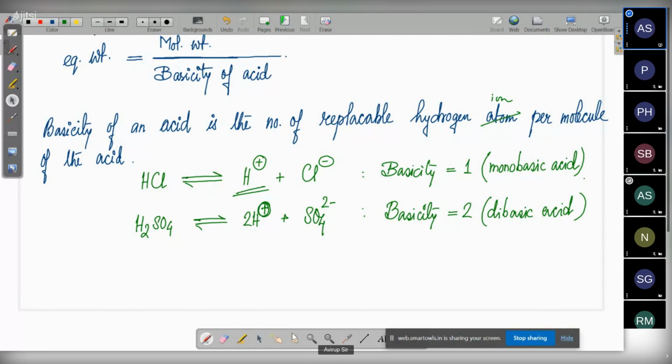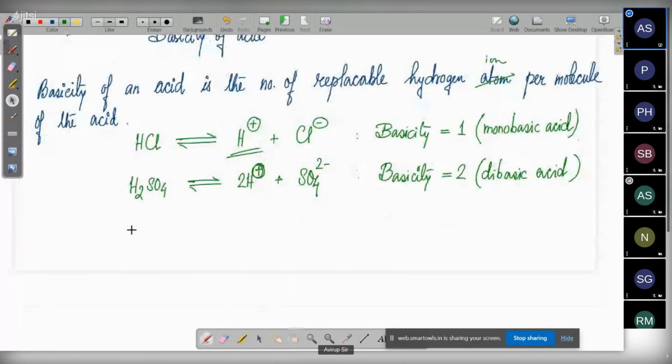So then you tell me for H3PO4. What will be the basicity of H3PO4? 3. Because H3PO4 is dissociating to produce 3H plus and PO4 3 minus.